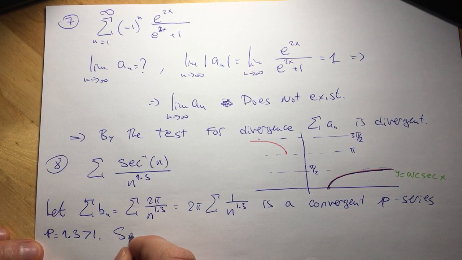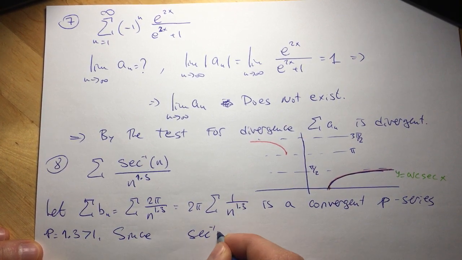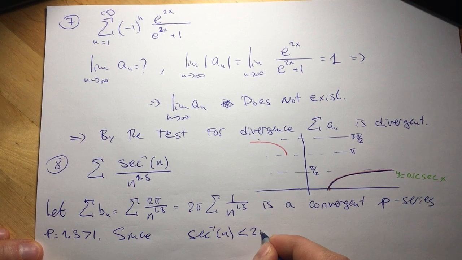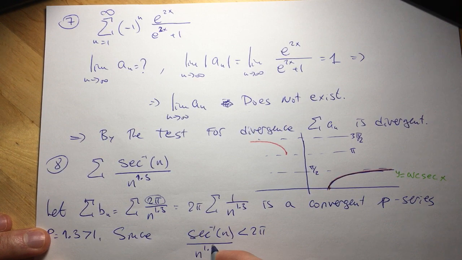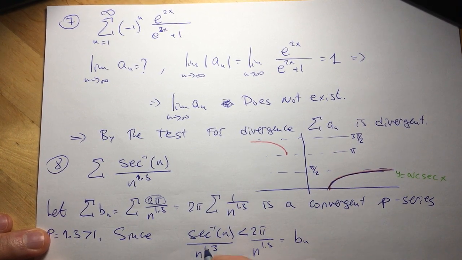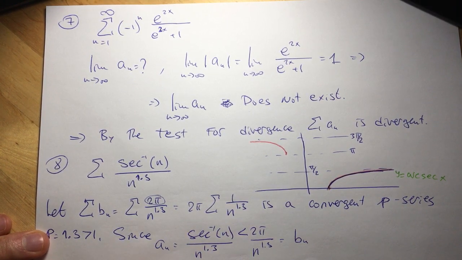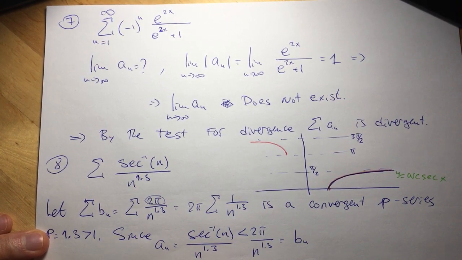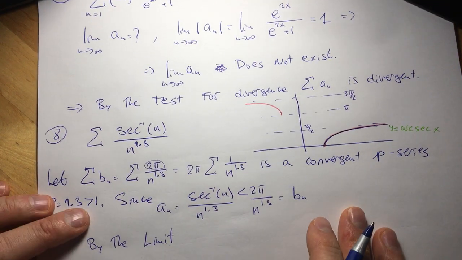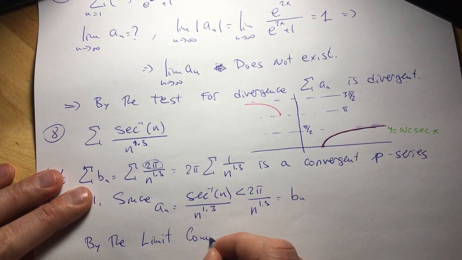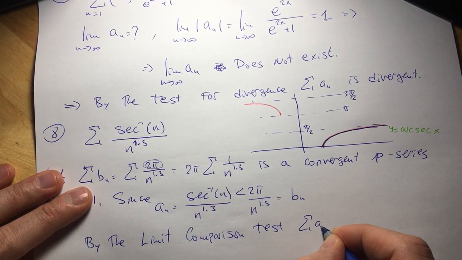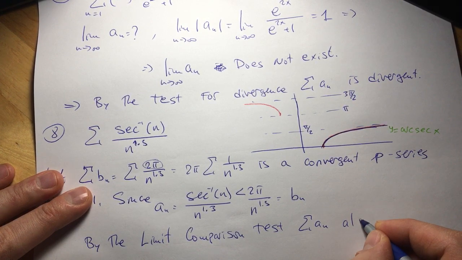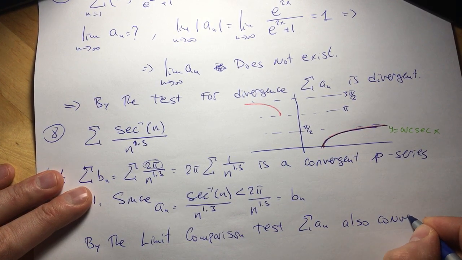But then, since arcsecant of n is less than 2 pi, if I divide by positive n to the power 1 over 3, this is my Bn sequence and this is my An sequence. By the limit comparison test, the sum of An also converges.